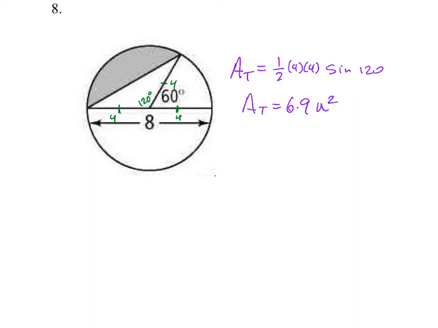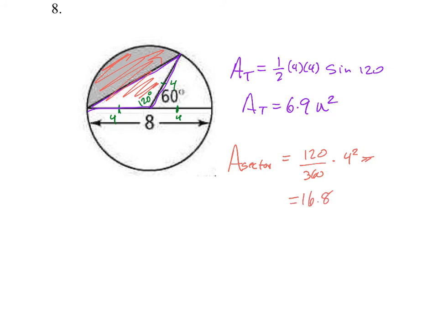Now the area of this sector, so this is the area of this triangle, right? So I need to find the area of this whole sector right there, right? So the area of the sector equals 120 over 360 times 4 squared pi. So this area is 16.8. So now the area of the shaded region equals 16.8 minus 6.9, which equals 9.9 units squared.